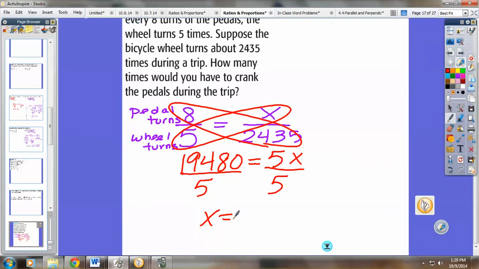X would be 3,896. 3,896 what? Turns of the pedal. Say pedal turns. I just did 8 fifths times 2,435. That's fine, you just have your rate.